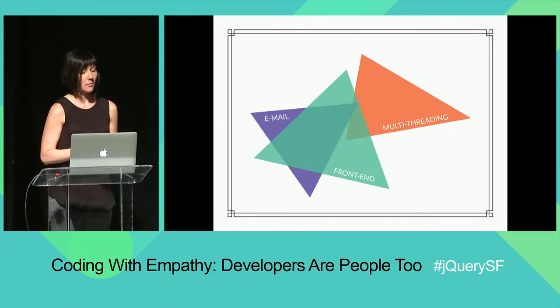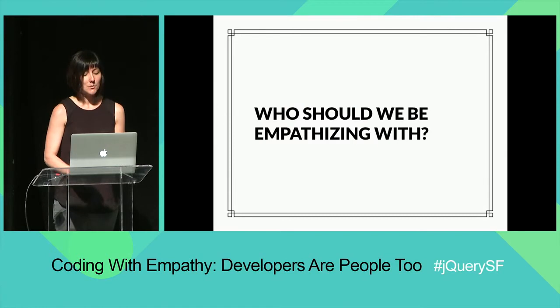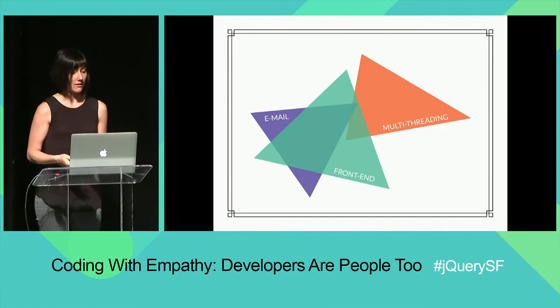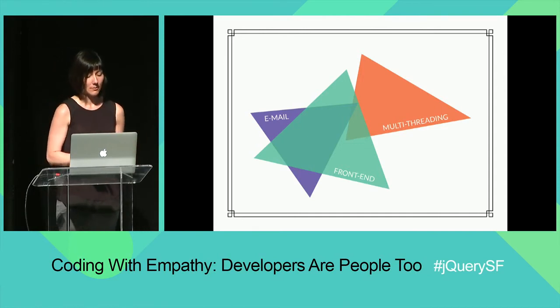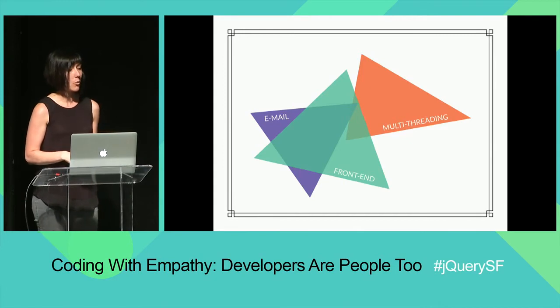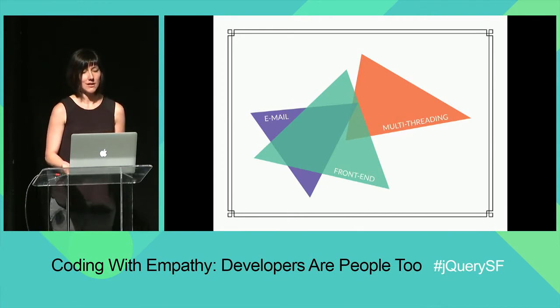I have far more points of reference with the first one than with the second. But that certainly doesn't make empathizing with the multi-threader less important. It just means that I have to put a bit more work into imagining what it's like to be them and in their situation. It will require more empathizing on my part to bridge those gaps in understanding.